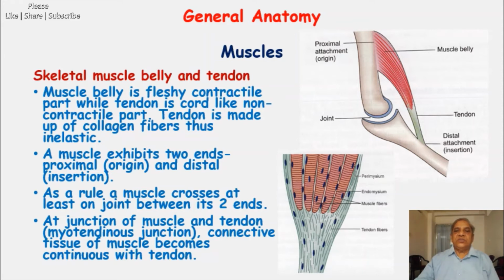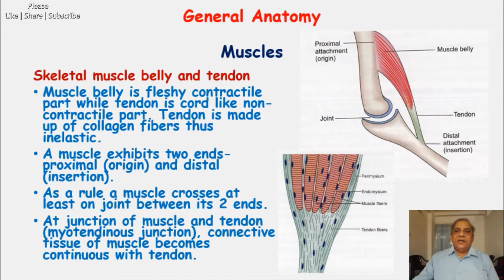They will not show any contraction. Also, they are inelastic, so no lengthening of the tendon can take place. So just understand that it is the belly of the muscle which is only contractile, and the tendon is the inelastic and non-contractile part of a muscle.